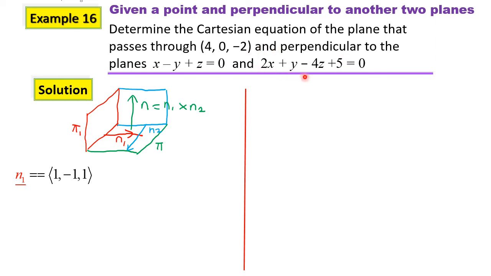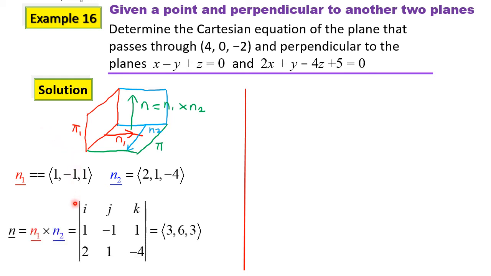Just focus on the coefficients of x, y, z here, because the coefficients represent the N. So here 2, 1, and -4. So that will be our N2. Okay. So after we figure out N1 and N2, then we can do the cross product between N1 and N2 to find out our N. So after we do the cross product, the answer will be 3, 6, and 3.